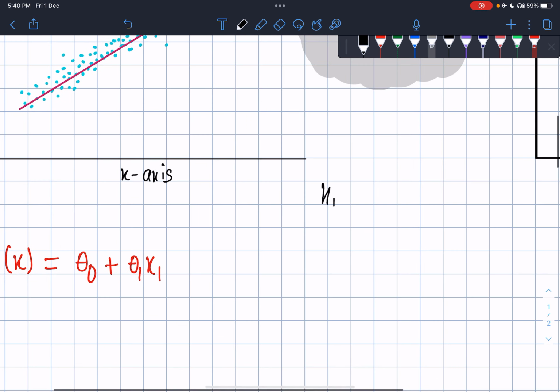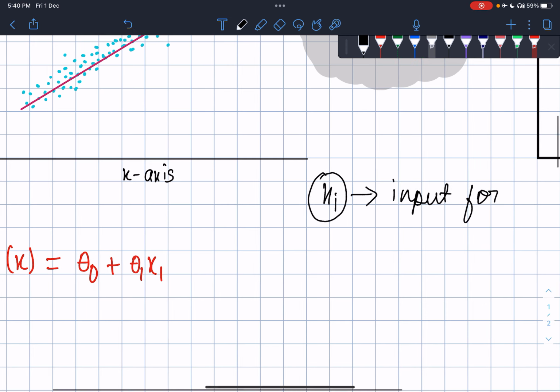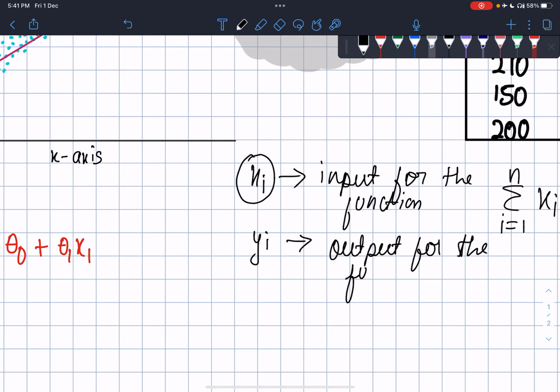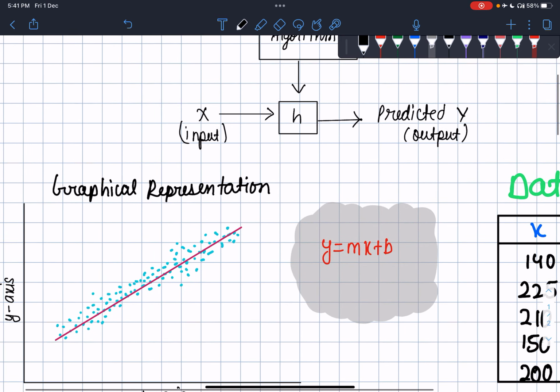The xi is the input for the function. Yi is the output for the function.